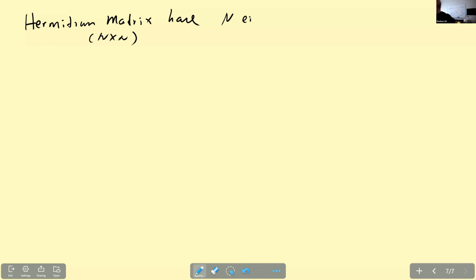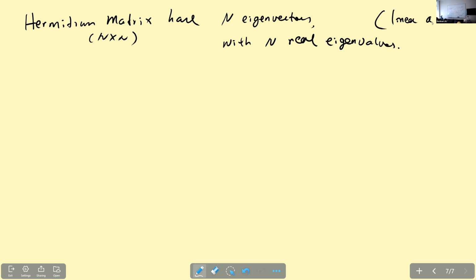Right? And you know that the emission matrix, okay, if it's n times n dimensional, has n eigenvectors with real eigenvalues. Okay, this is the linear algebra. Okay. So what does this mean?